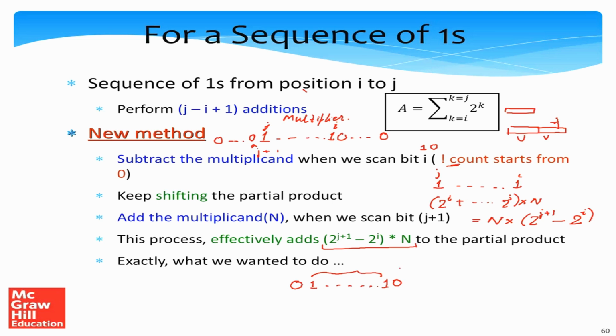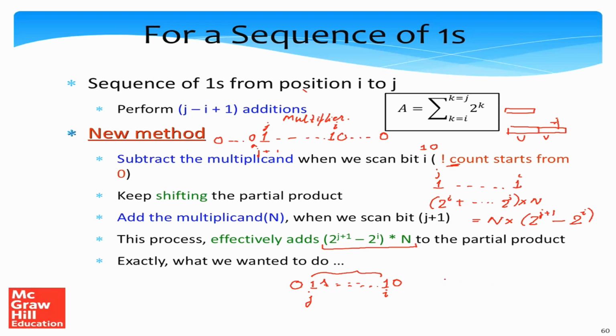So the moment we see a continuous run of 1s between position i and position j, and the count starts from 0, which means that if it's the first position, then we'll have 2 raised to the power 0, but that's okay.